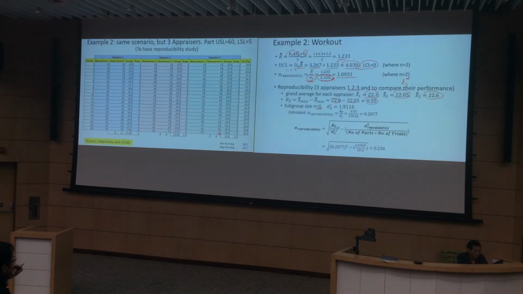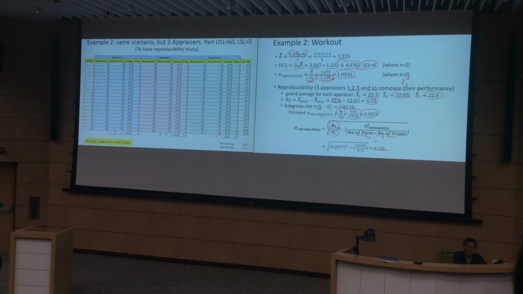So you have 1.91, and you get the estimated reproducibility using this equation. You get this one. And now the repeatability is this one here. You have to square it and divide by the number of parts and number of trials. How many parts do we have? 20. The trials we have? 2. So you normalize it to per unit, minus out, and then take the square root of it.